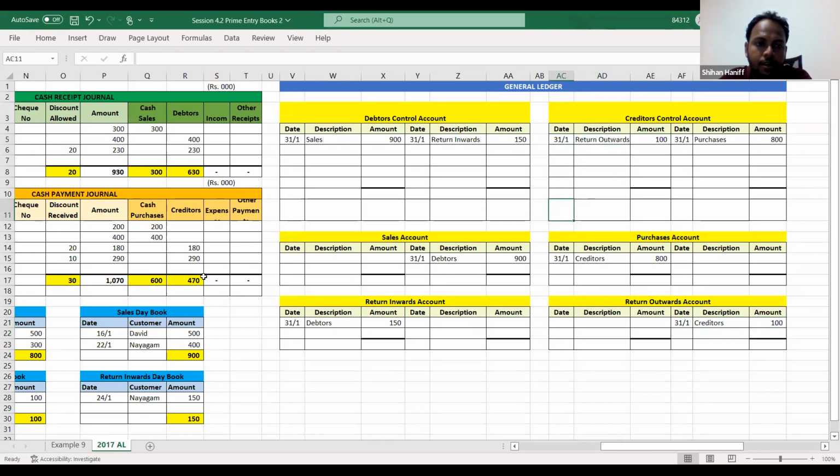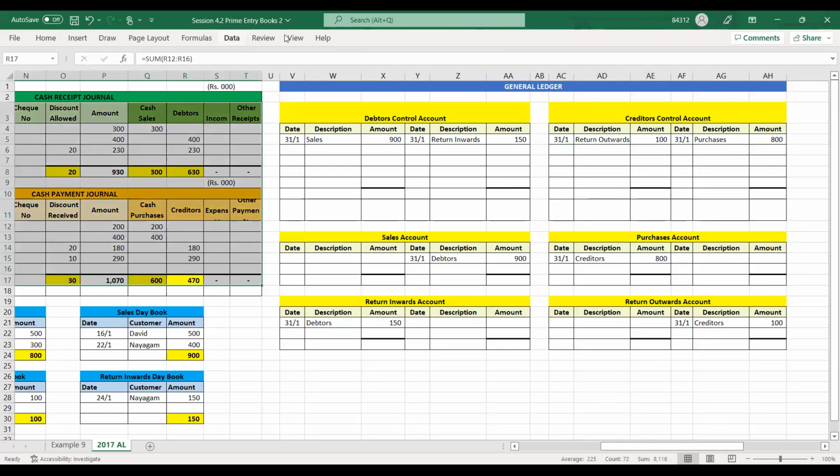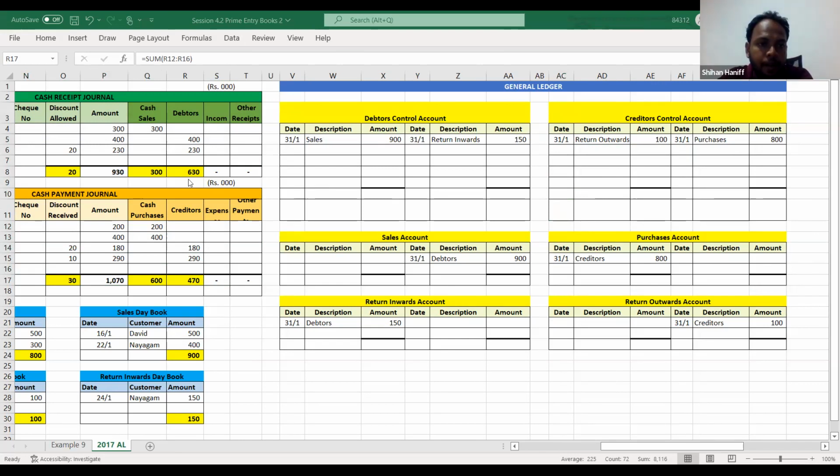Then there are other transactions from the cash receipt and payment journals. Let's do the receipt. From debtors 630, cash. 630 received from debtors.